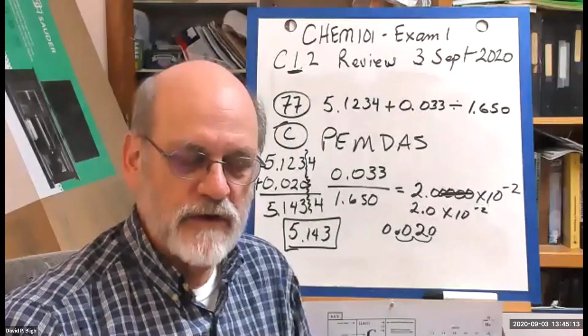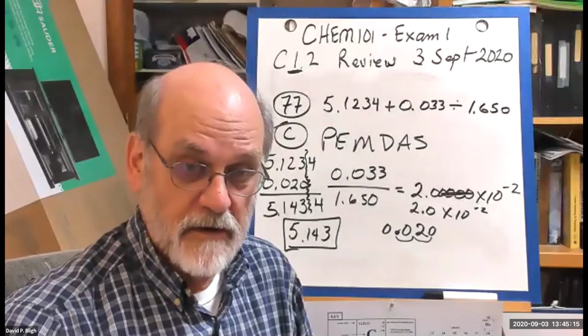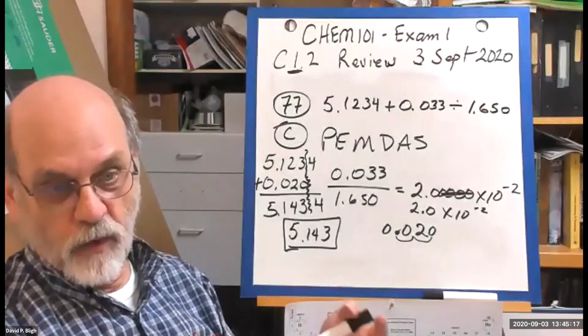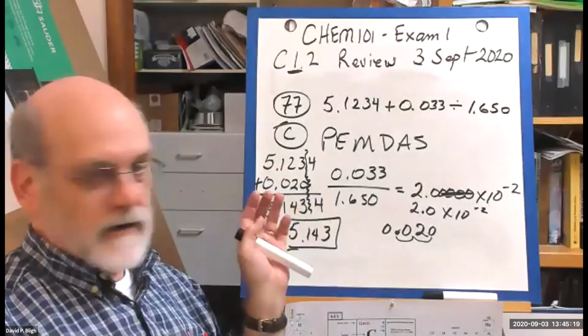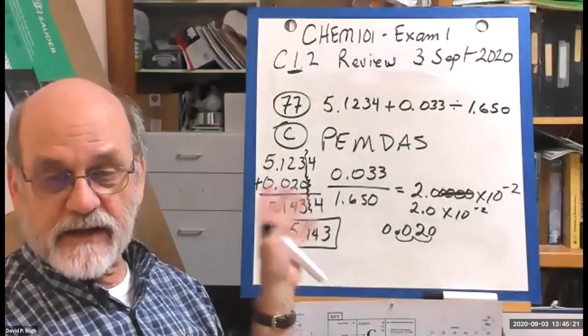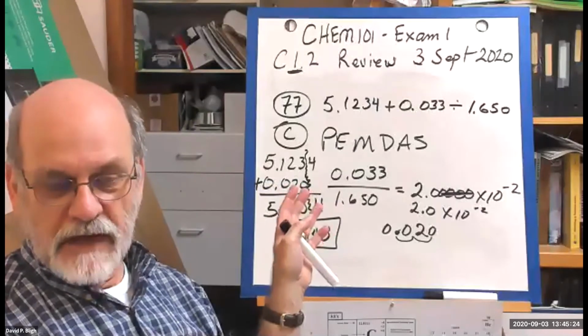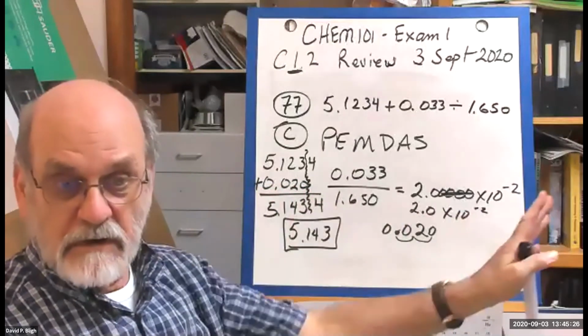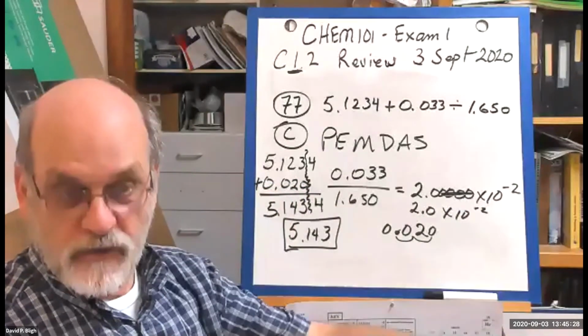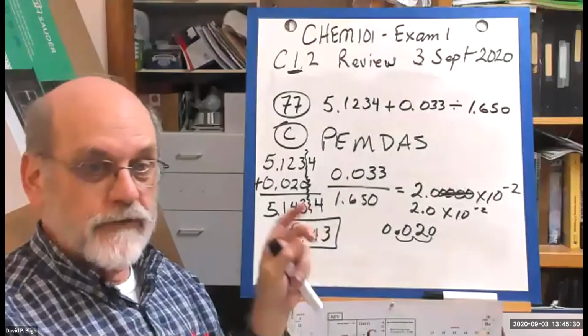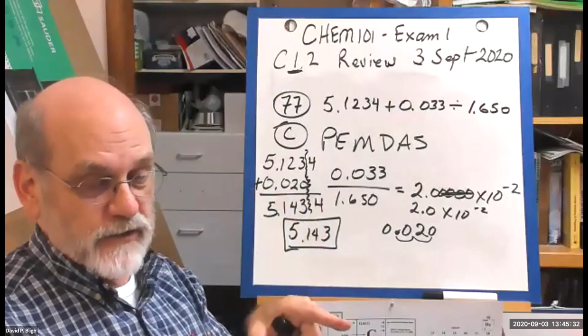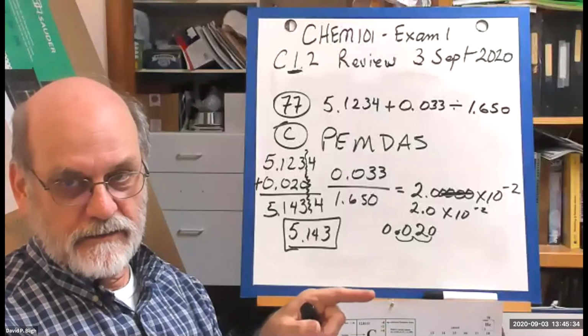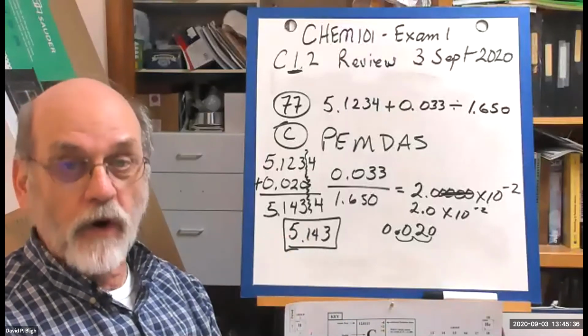The people who devise the multiple choice questions, if they're half worth their salt, will go in and say, what kind of mistakes can a student make with this problem? And they'll run the problem with those mistakes and put that as one of the answers. So if you do it wrong, you may find your answer there, but it's still the wrong answer. Right? So you have to be careful and work the problem correctly.